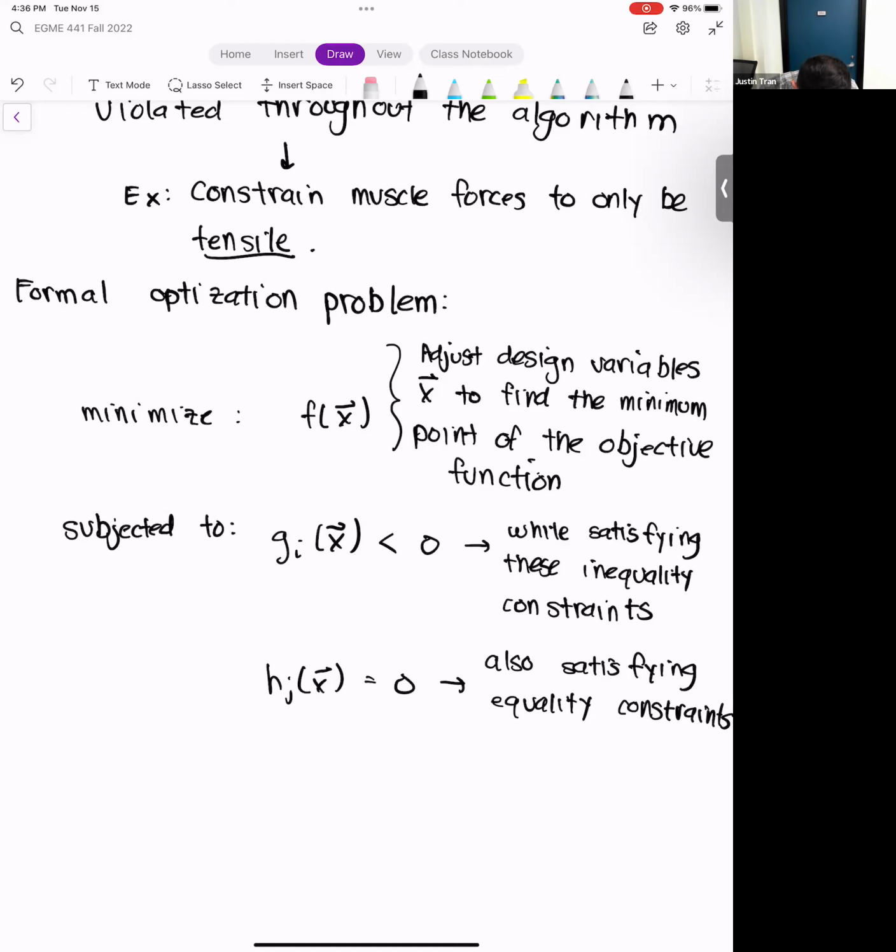And what we can also do, and this is most common, is we can specify bounds. And so we can say that our design variables are limited to just this particular range.